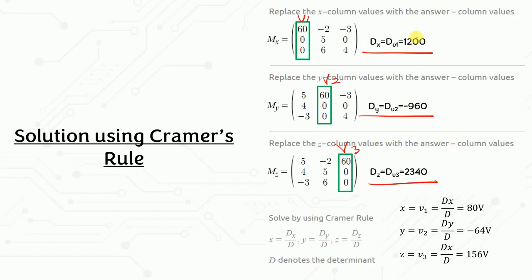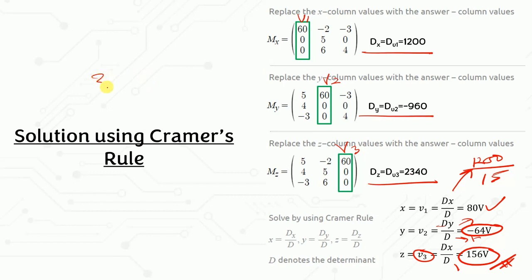For this one, dx is 100 over 15, so you get 18, and this one is negative 960 over 15, so you get negative 64, and for V3, 2340 over 15, so you get 156 volts. All right, so this is the answer and the way you can solve for V1, V2, V3 if you have three equations.